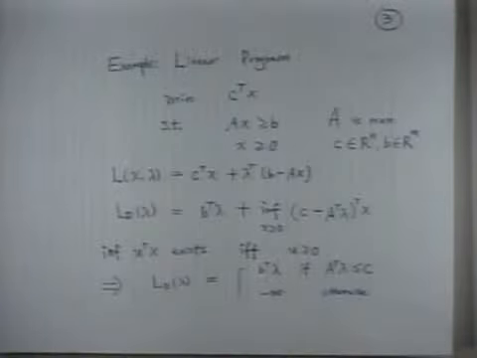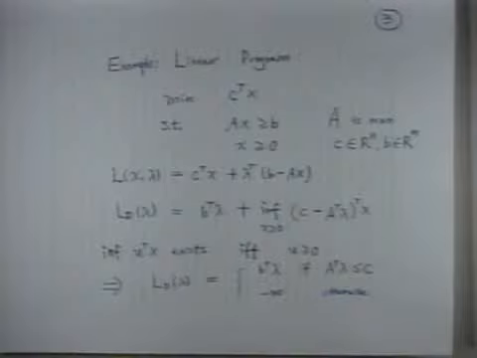So now let's talk about the Lagrangian function, this L of x and lambda. I write down the objective function, which is c transpose x, plus what? The Lagrangian part, which is lambda transpose of the constraint, b minus Ax. Okay, so I have this function.